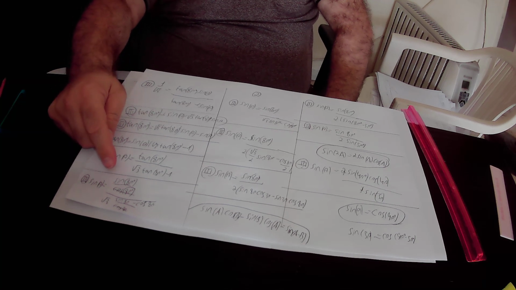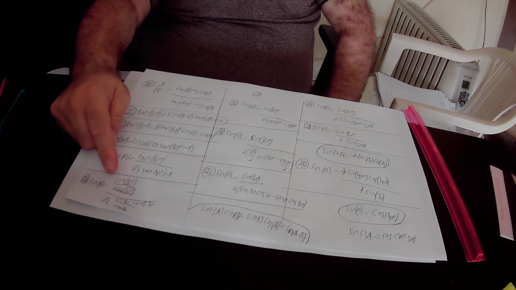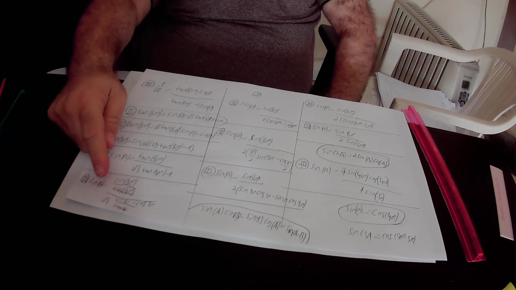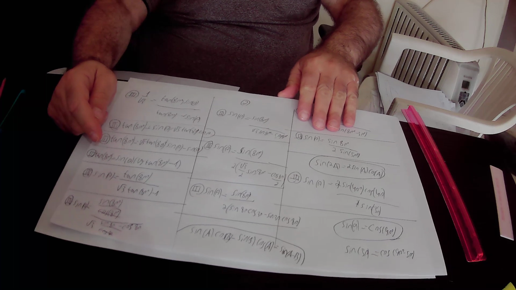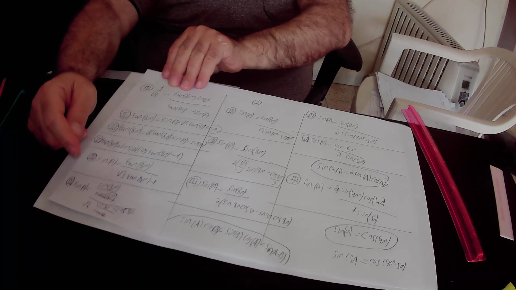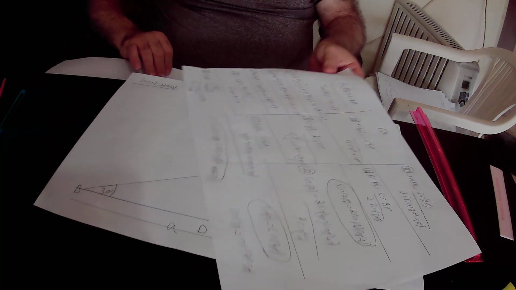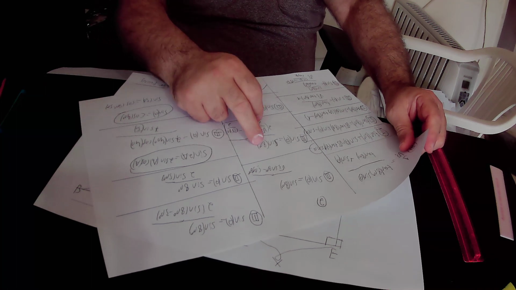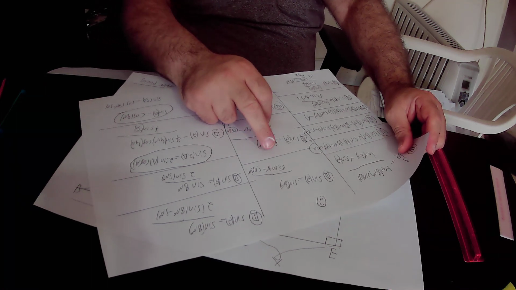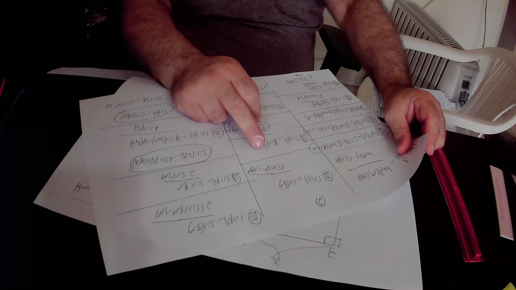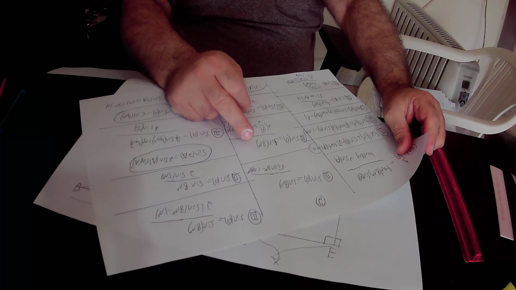So cosine 80 degrees will get cancelled because we have it in the numerator and in the denominator also, and we are left only with sine theta that equals sine 80 degrees over square root of 3 times sine 80 degrees minus cosine 80 degrees.